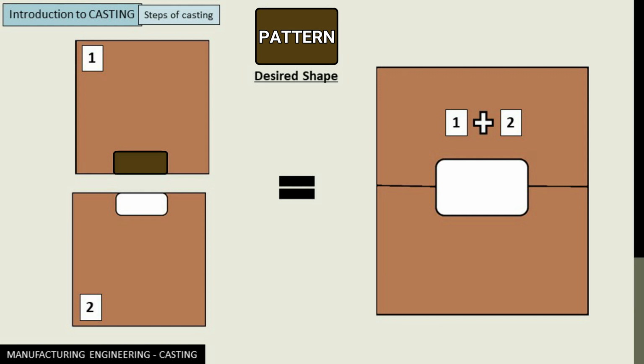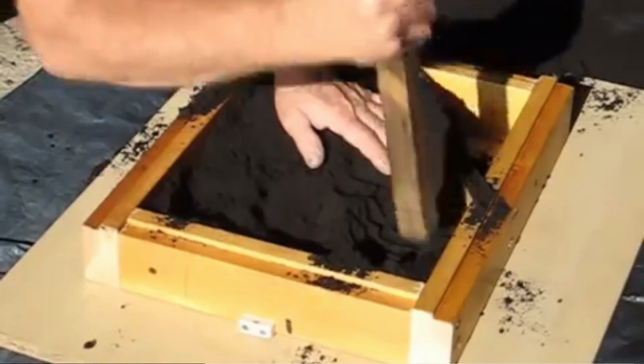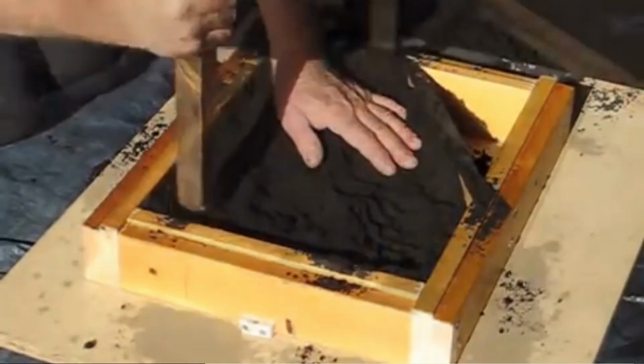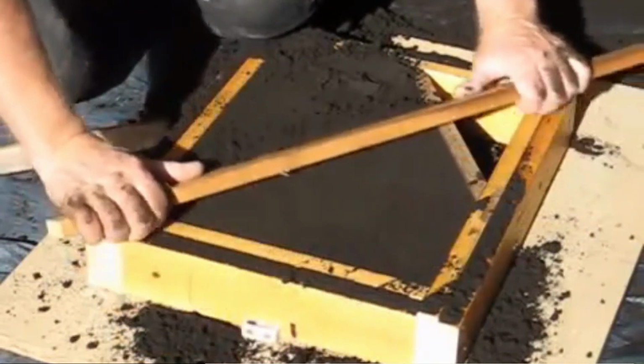So this pattern is placed inside a flask, as you can see here, and sand is then poured over it, followed by ramming, so that the sand can be tightly packed inside the flask.